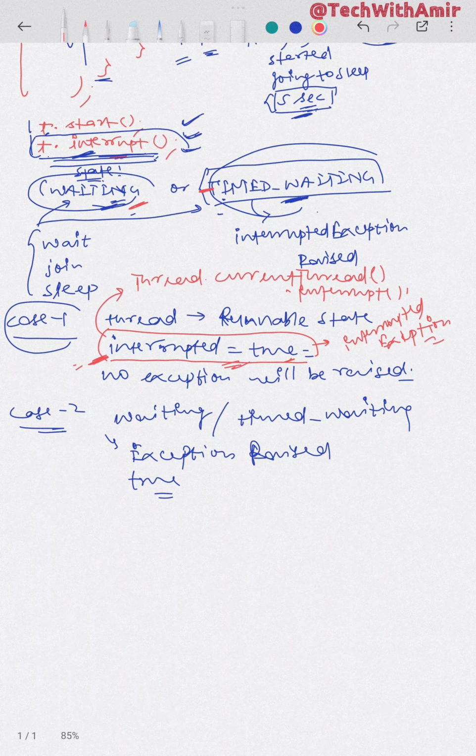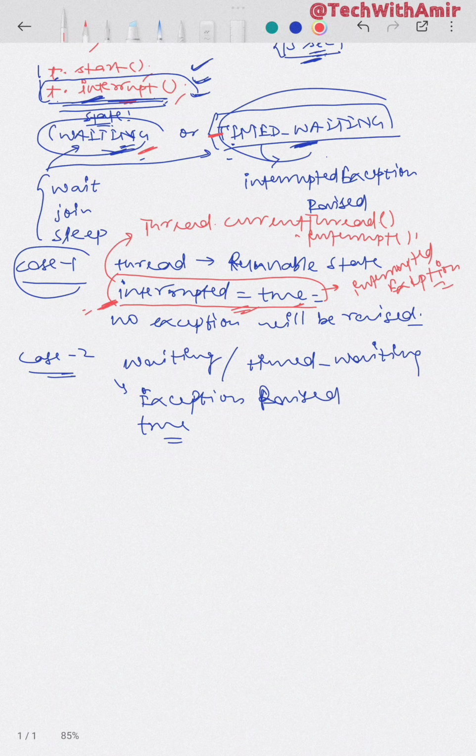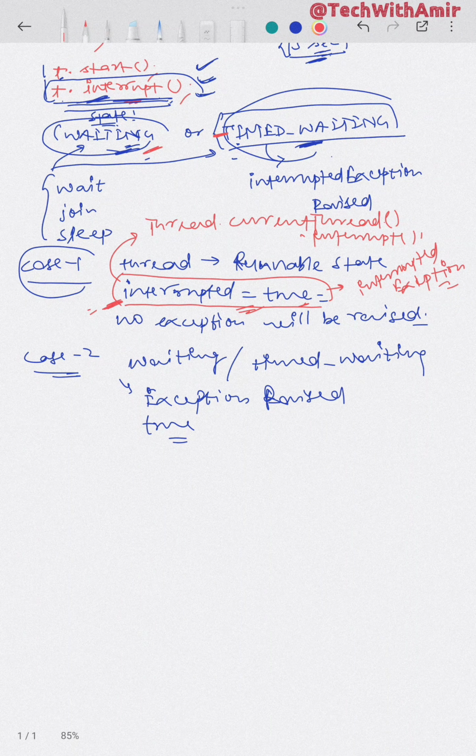So in order to check whether my thread is already interrupted or not, there are two methods using which I can do the same. One is interrupted. It's a static method, we call it like this, Thread.interrupted.